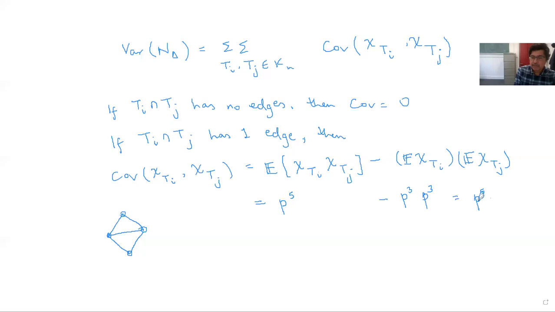Okay, so let me write this as a separate line. So if they have one edge in common, it's p to the 5 minus p to the 6. And let's also do the calculation if they have 3 edges in common, because that's the other possibility.